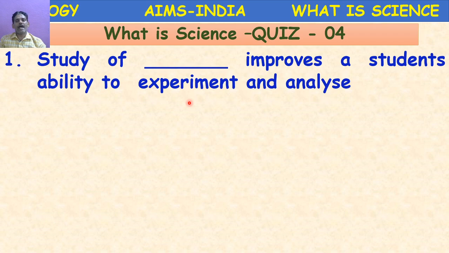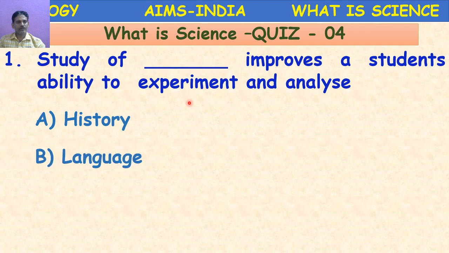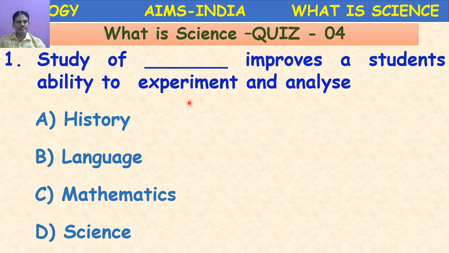The study of dash improves a student's ability to experiment and analyze: history, language, mathematics, science. Children, once again go through the question. Study of dash improves a student's ability to experiment and analyze.